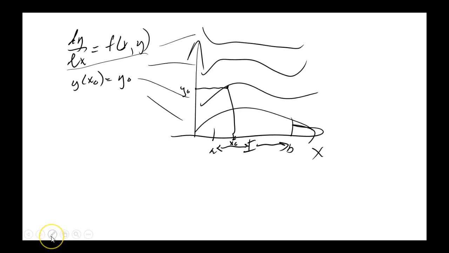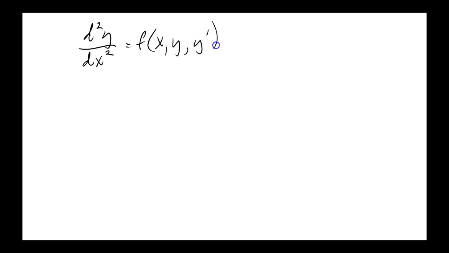Now I'm going to erase this and show you a second order. This would be stuff like d2y/dx squared, the second derivative of y with respect to x, is equal to, now this time, some function of x, y, and y prime, the first derivative. Here they use Leibniz notation on this side and prime notation on that side, but that's just typically how they do it.